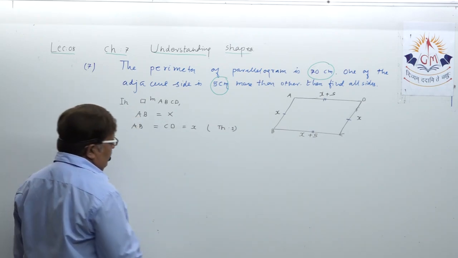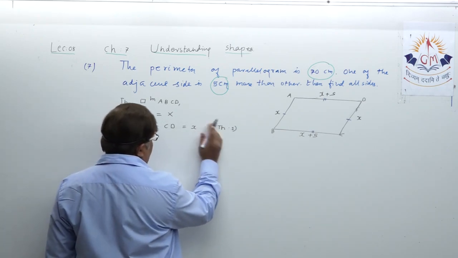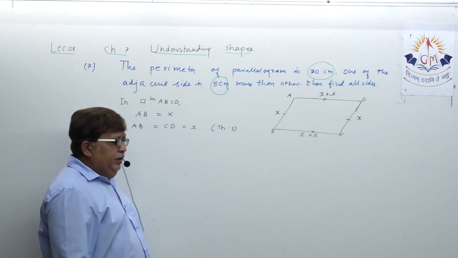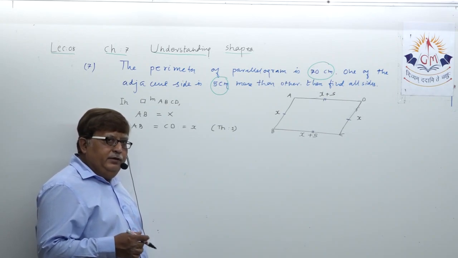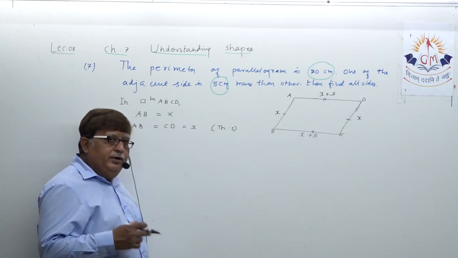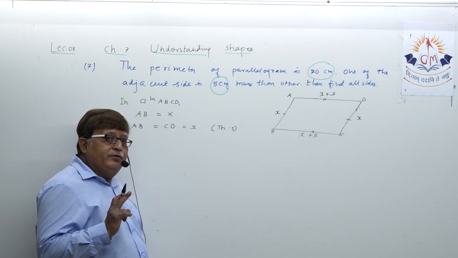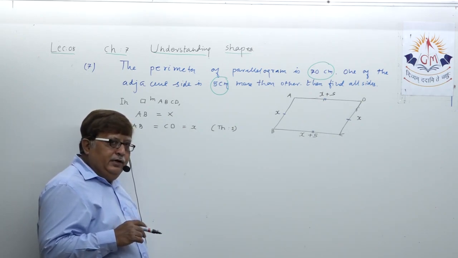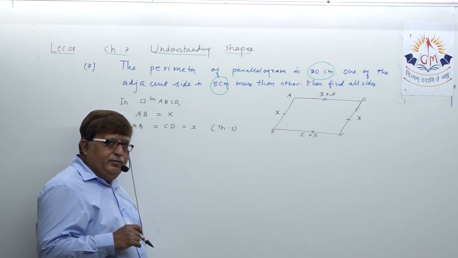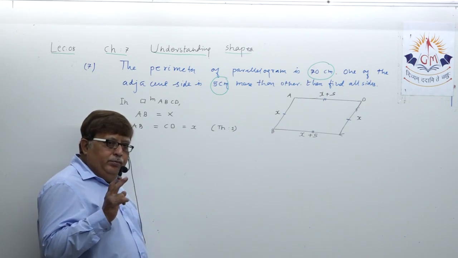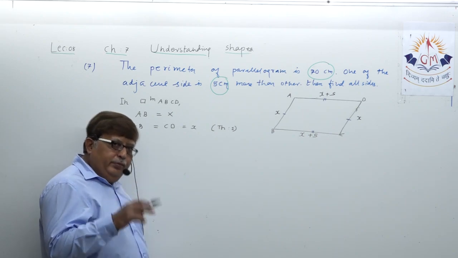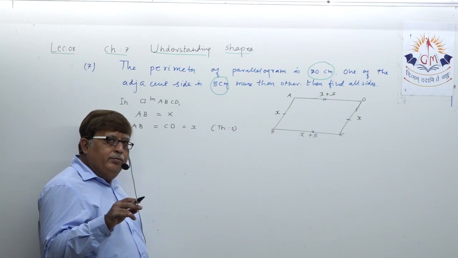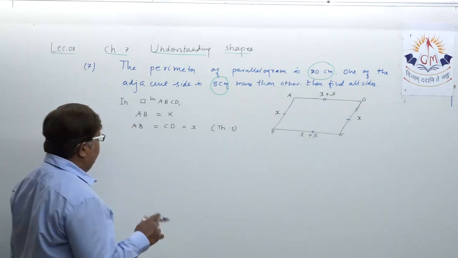Every now and then, why I insist that you mention the theorem is to memorize the concept more and more, that opposite sides are equal. That one property you understood in lecture number 7 and lecture number 8. We are memorizing, repeating, reiterating the same property in your mind. Understood?